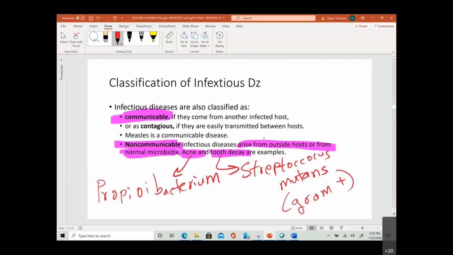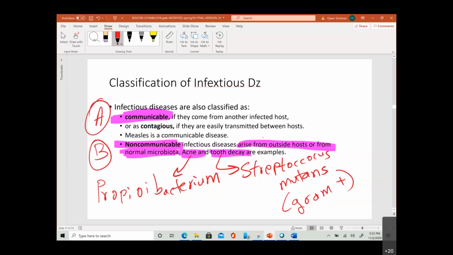We also classify infectious diseases as communicable and non-communicable. Communicable infectious diseases are the ones that are contagious. Non-communicable infectious diseases are the ones that are not contagious. An example of a communicable infectious disease is measles.